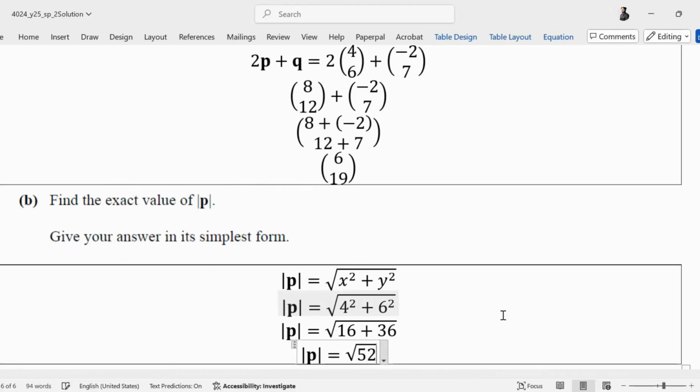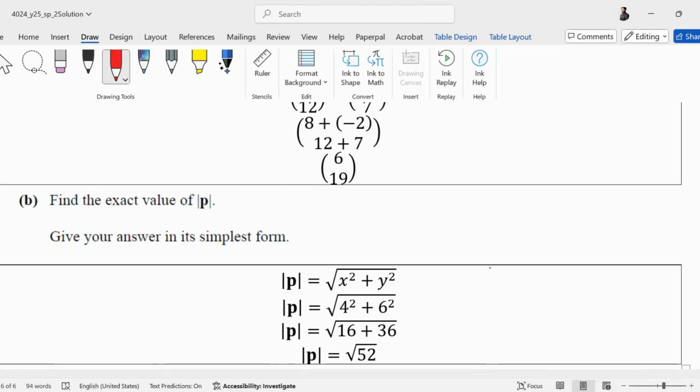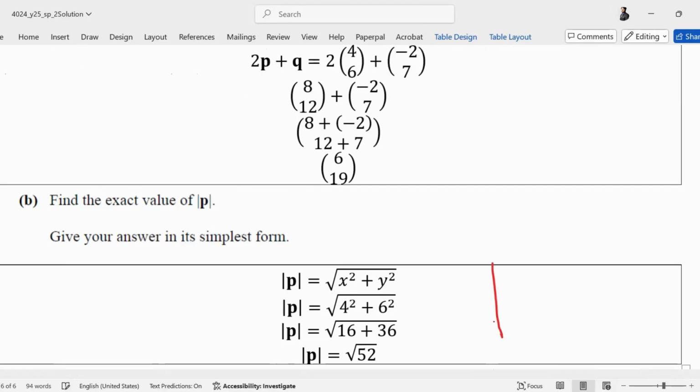Now, when I do prime factorization for 52, because I need to simplify the surd, I cannot leave my answer like this. 52 goes to 26, and then to 13, and 1.